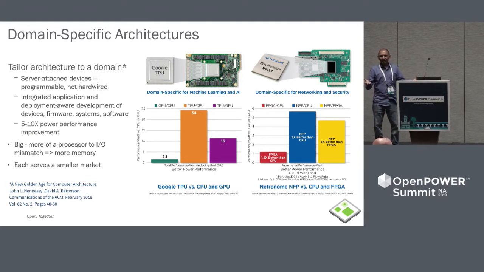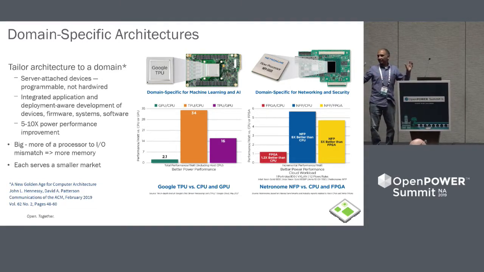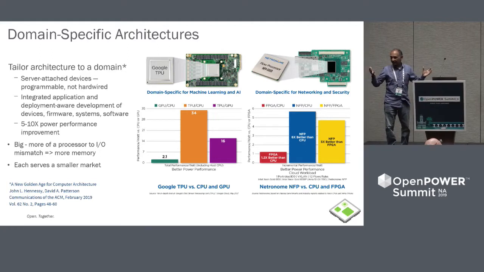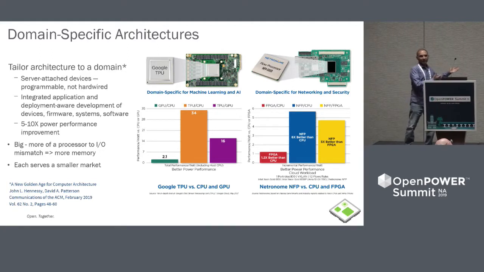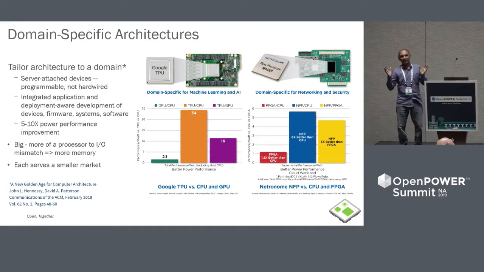But the more interesting thing about domain-specific architectures is that they're still programmable, but the data path is customized to a domain. The two running examples I use are Google's TensorFlow TPU, which has a multiply accumulator array for inferencing, and Netronome's network processor, which has a huge collection of light threads.